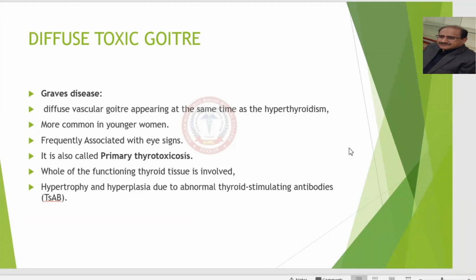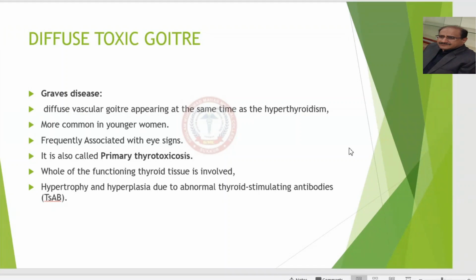Others are lid retraction, lid lag, chemosis and conjunctival inflammation, diplopia, and blurred vision. These eye signs are manifestations of the diffuse toxic goiter or Graves' disease.